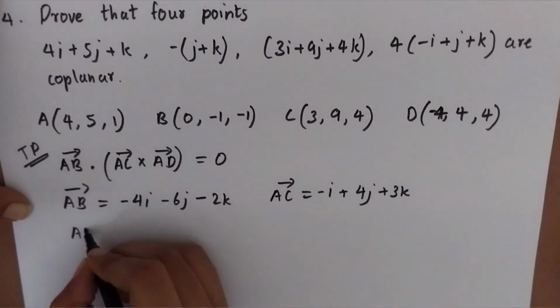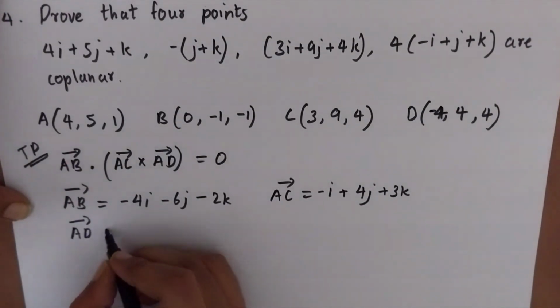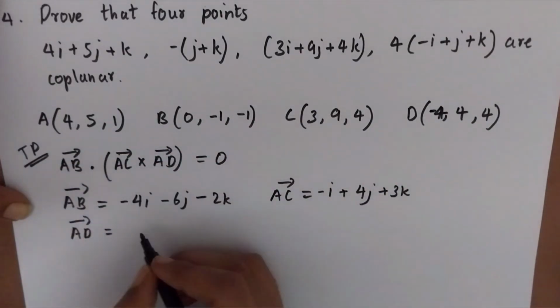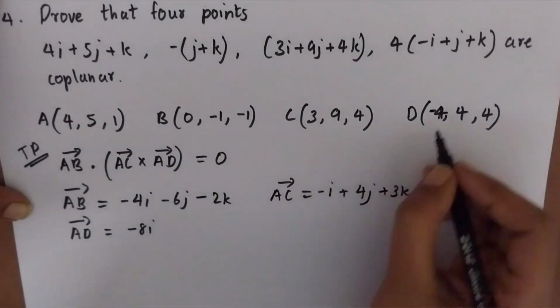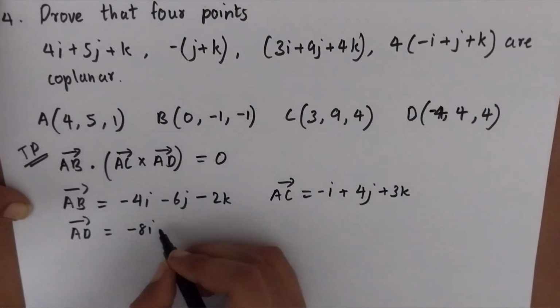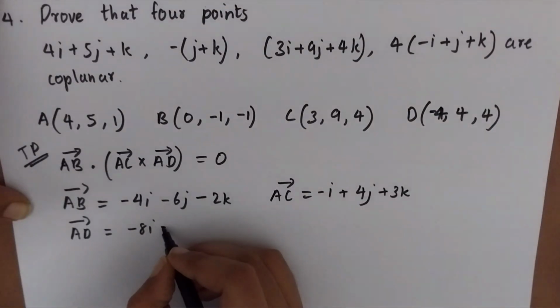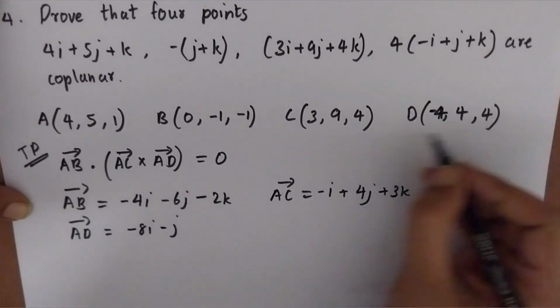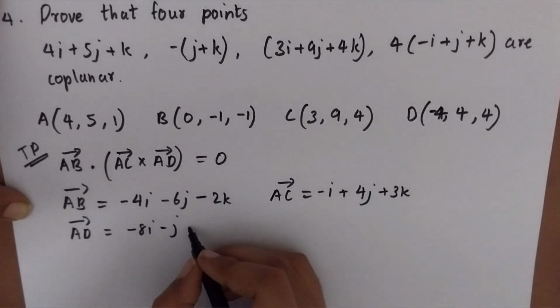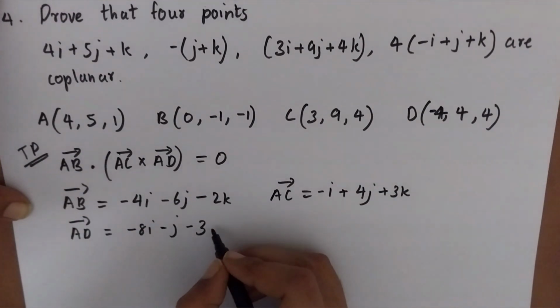Now vector AD, minus 4 minus 4 is minus 8i, 4 minus 5 is minus j, 4 minus 1 is plus 3k.